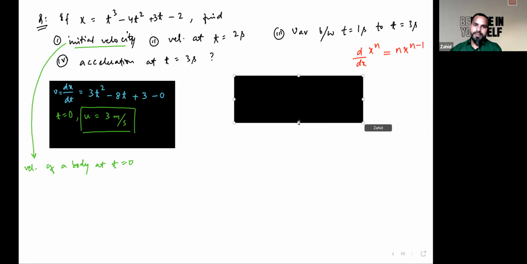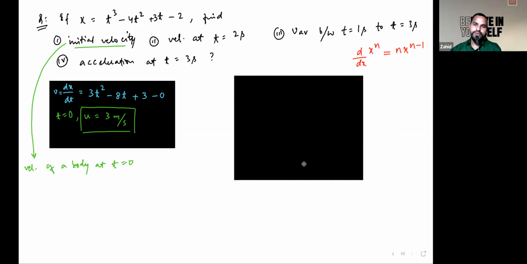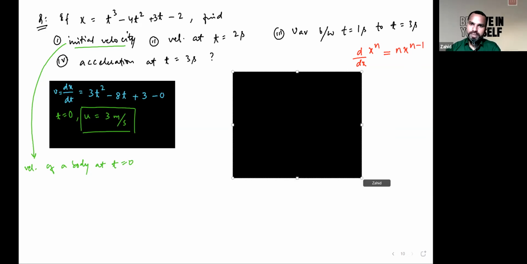Now, the next part is to find velocity at t equals 2 seconds. So just put the value of t in velocity to be 2 seconds.